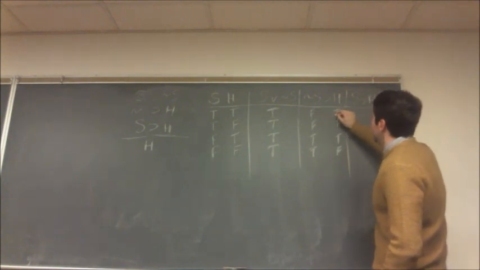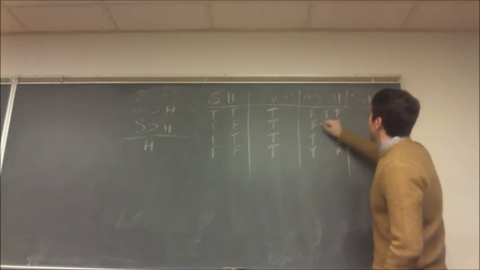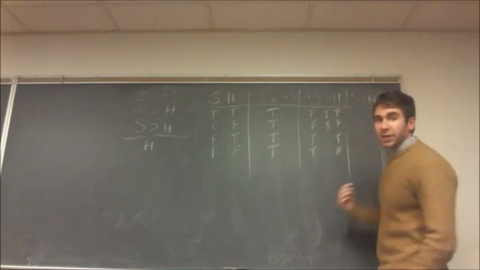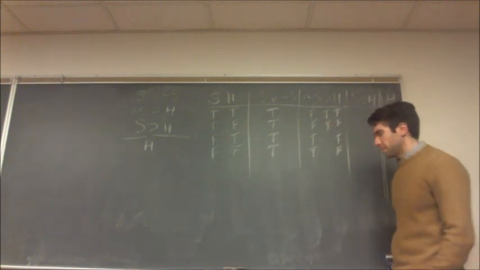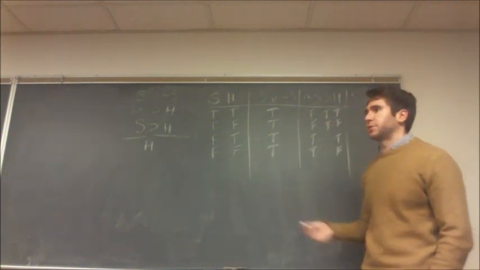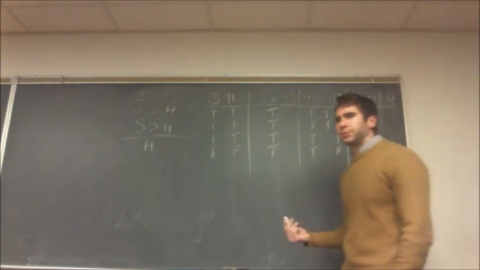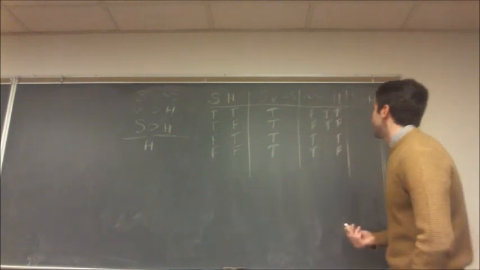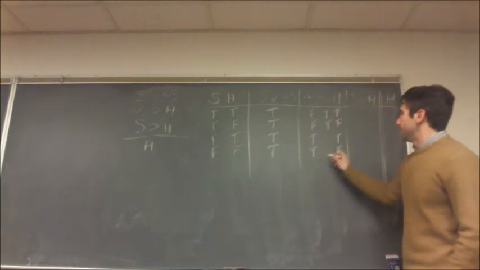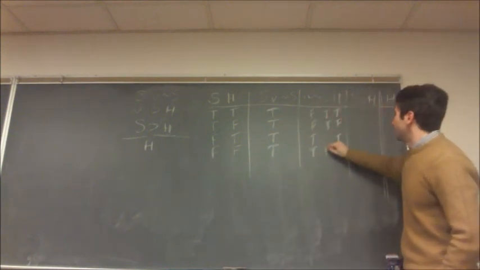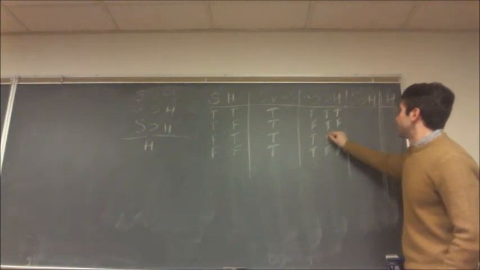If F, then T is true. If F, then F is true. You should have the horseshoe memorized at this point, but you can check with a truth table for it. And remember, the horseshoe is true just in case it's not the case that the antecedent is true and the consequent false. So this is going to be false here. But here, they're both true, so it's going to be true.